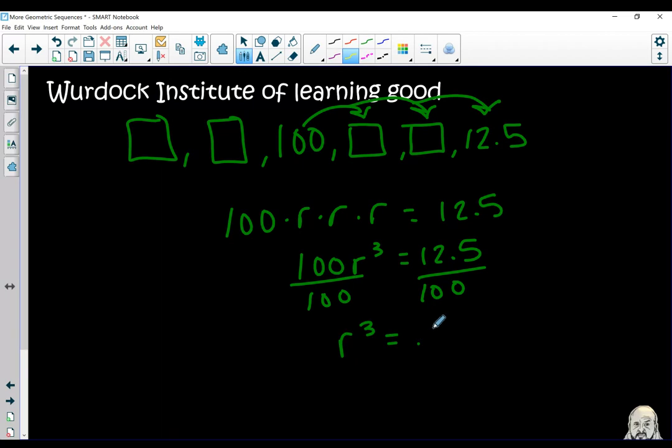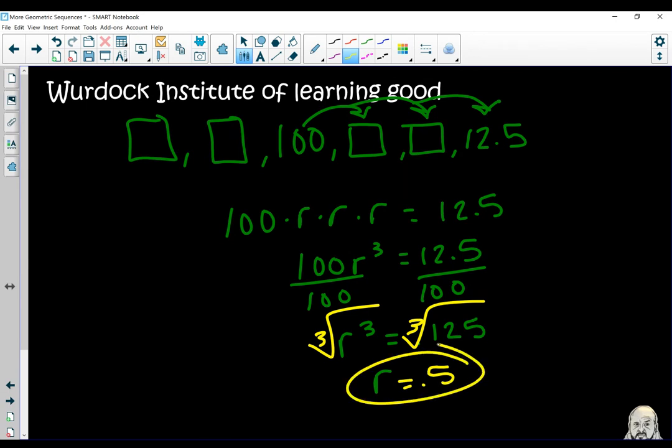I think this is 0.125. And now we're going to do the cube root of 0.125. I'll do the cube root. And I get r equals half.